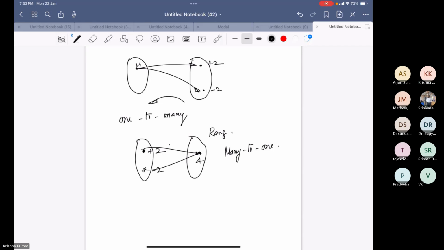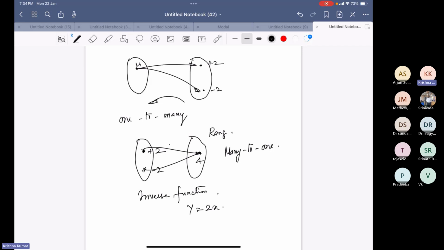Now, many of these functions have problems in one way. What is that? In order to look at the problem, we have to now define what is called an inverse function. This is exactly what we did in the previous case, and we will do this for y is equal to 2x.